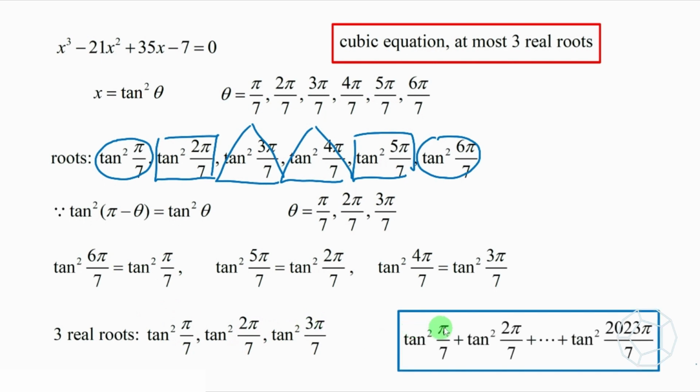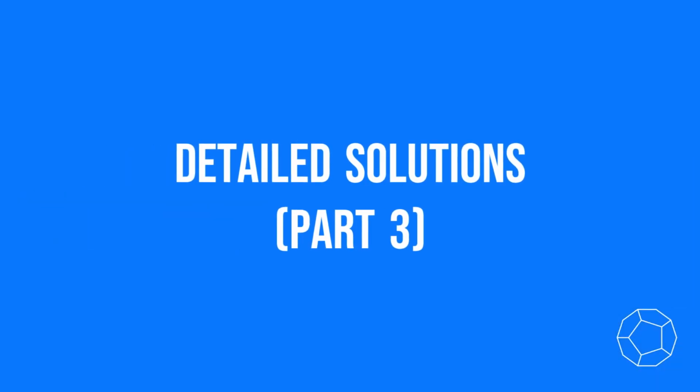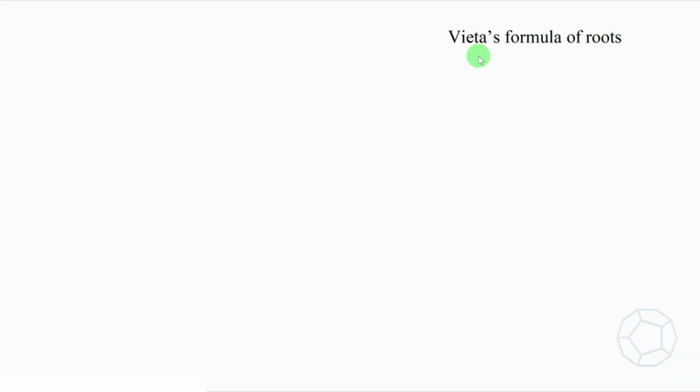We can use this result to work out the series in the final part. In the final part, we're going to use Vieta's formula of roots. In a cubic equation, ax cubed plus bx squared plus cx plus d equals to 0, with roots alpha, beta, and gamma, the sum of roots is equal to negative b over a.